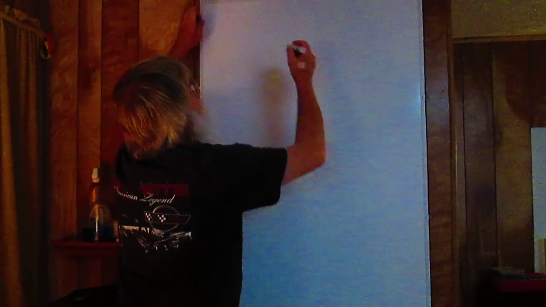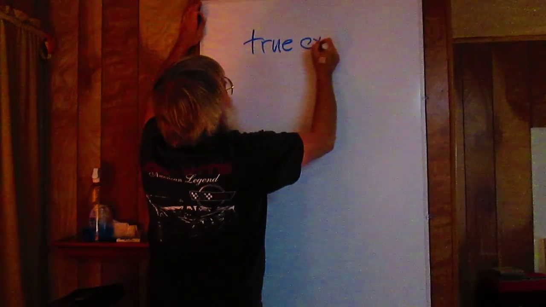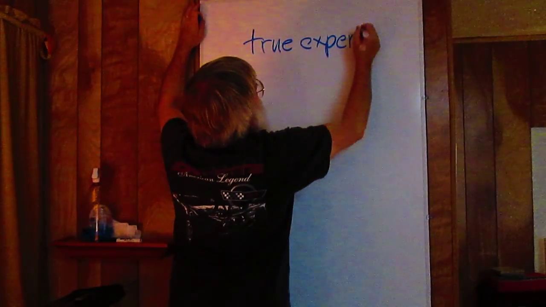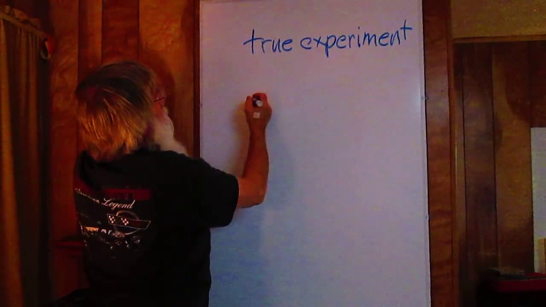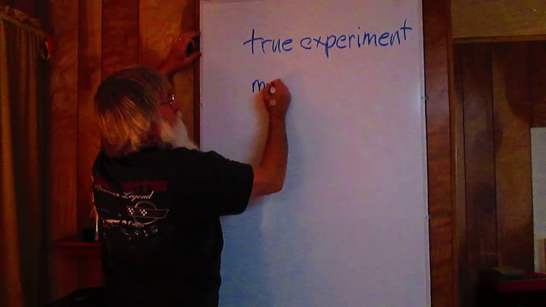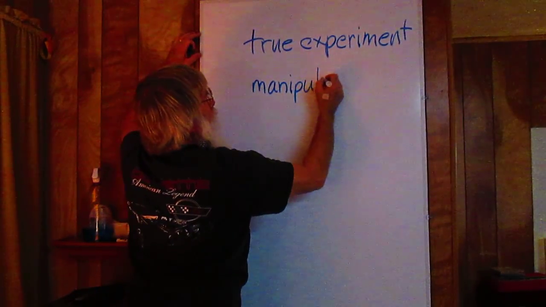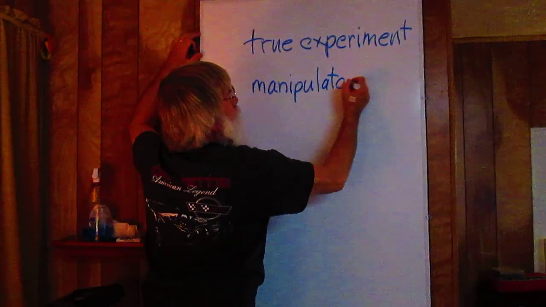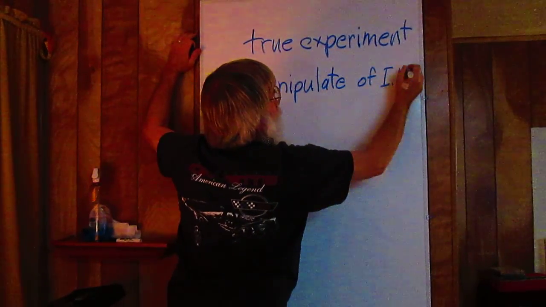So, a true experiment has four qualities. One is a manipulation of the independent variable.